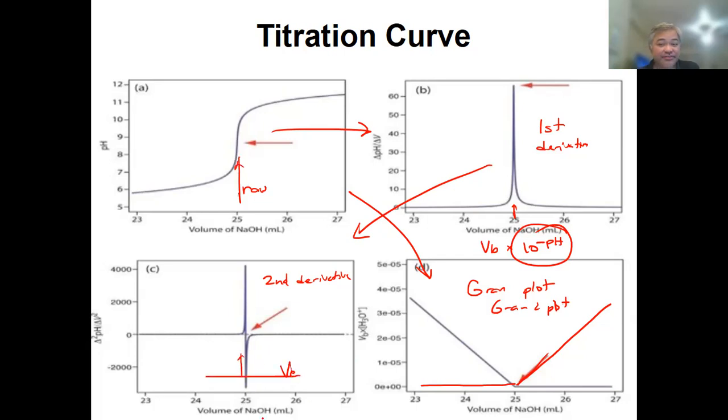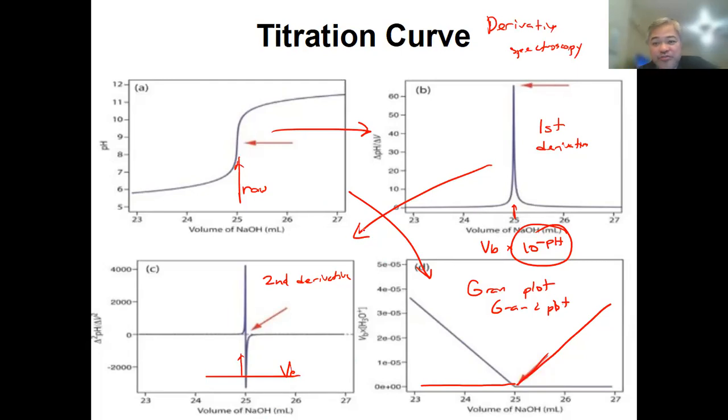equivalence point. In fact, there's a method that they call derivative spectroscopy. What does derivative spectroscopy do?